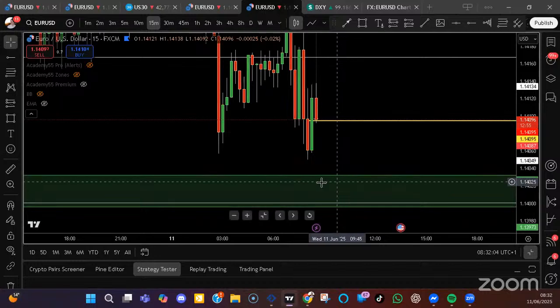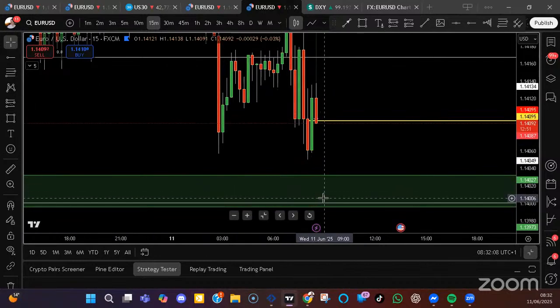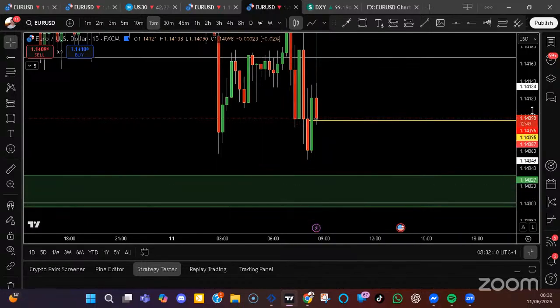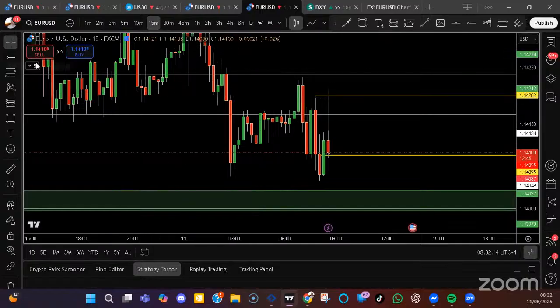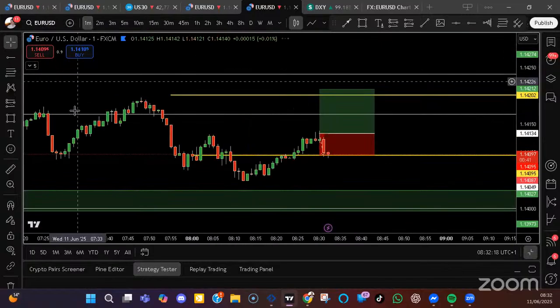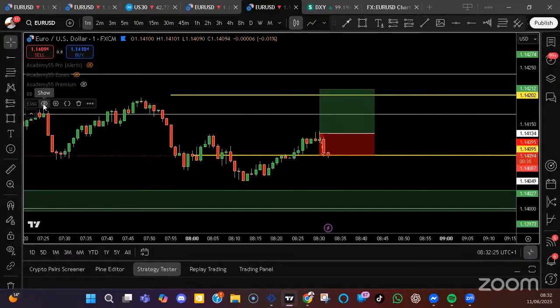So I've got a 1% loss. And is price wanting to come down to tap into this imbalance? Oh, sorry, put it on the minute. There we go. That's where we were. Just got taken out.